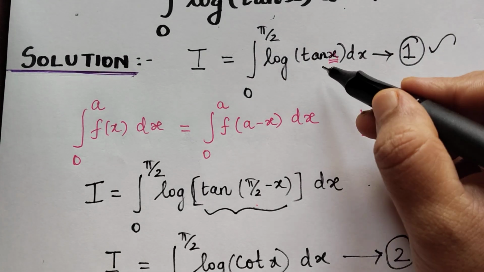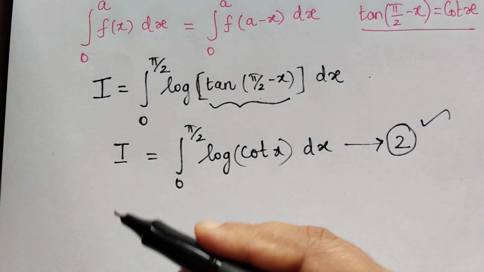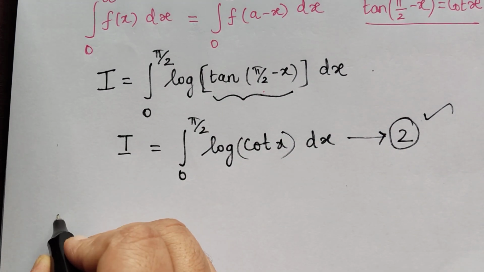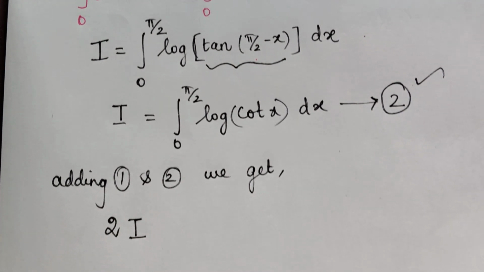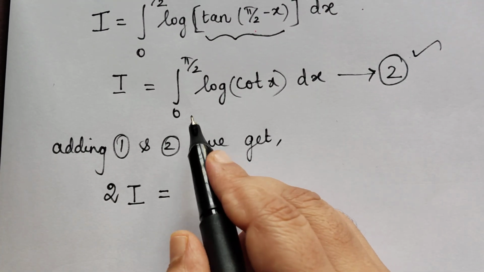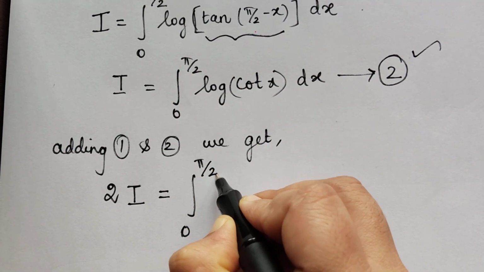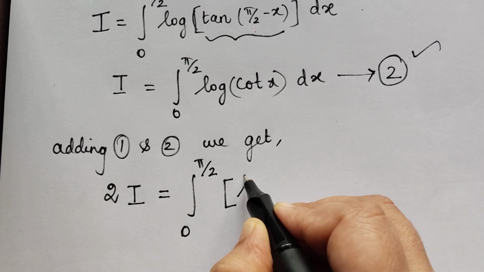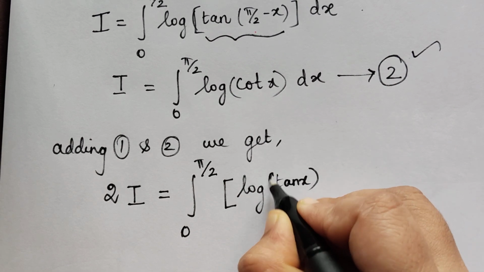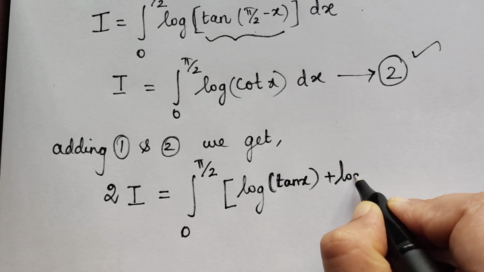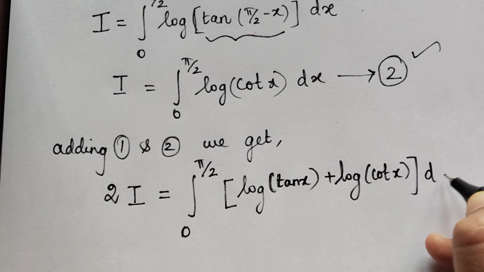The left hand side of equation 1 is I, and the left hand side of equation 2 is also I. So adding equation 1 and 2, on the left we get 2I, because it is I plus I, is equal to the integral on the right, which can be taken common because both have the same limits, 0 to pi by 2. Within the integral, we have logarithm of tan x added to logarithm of cot x, and we have dx.